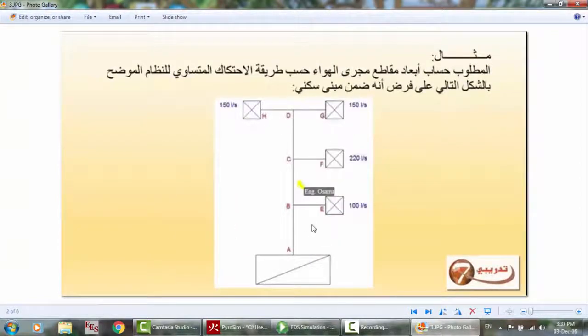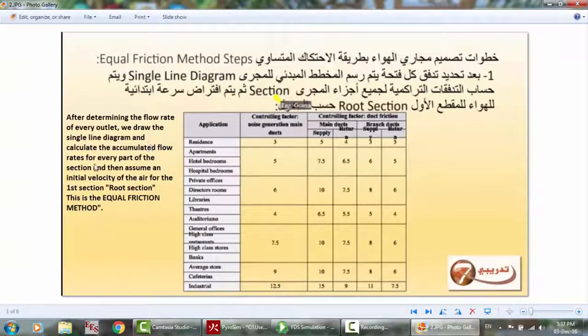Here flow rate, and here flow rate. Okay, for every duct in CFM or liter per second, as you know, and for the section, and then assume an initial velocity of the air for the first section, the root section.